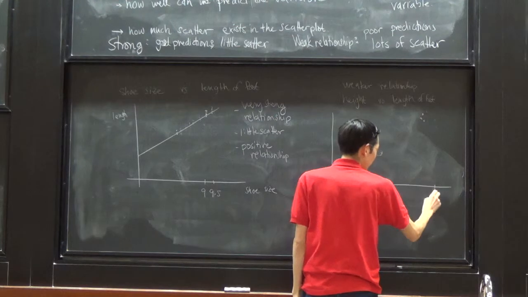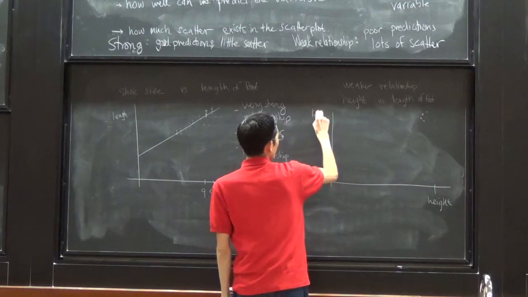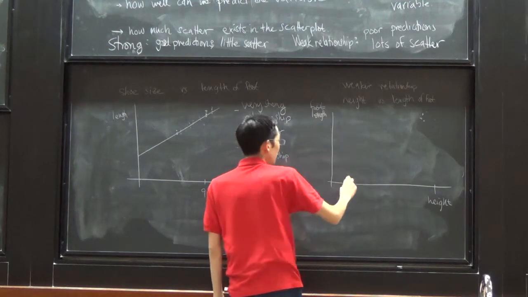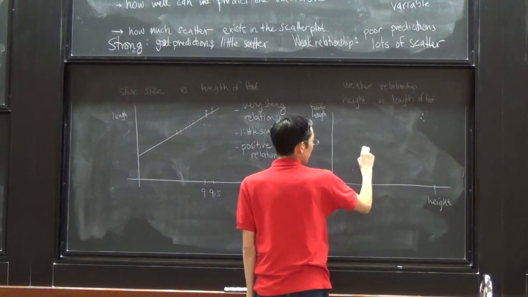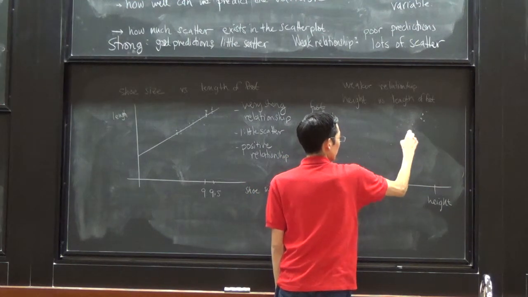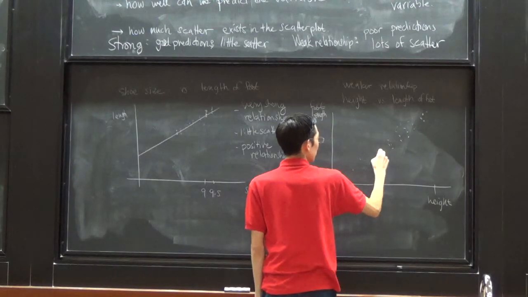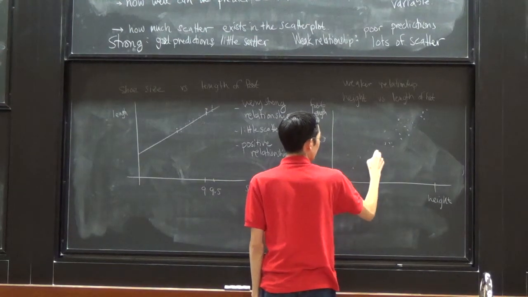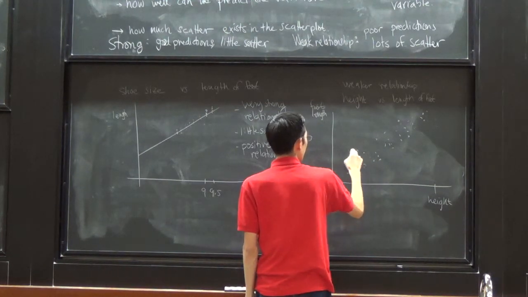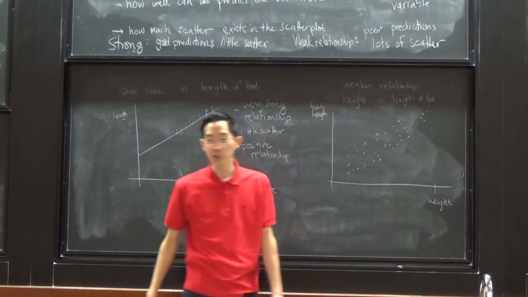Okay, so if we're looking at height on the x-axis and foot length on the y-axis, we will see an overall trend, but there will be more scatter, okay? So you will have some tall people with relatively small feet.